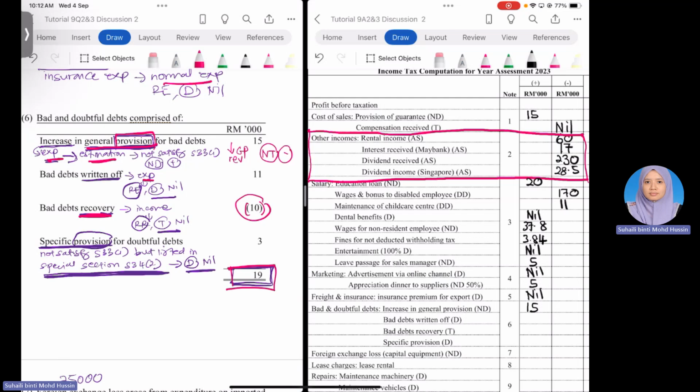What happened is you sell your product on credit to your debtors, the debtors are not able to pay the debt, so you give up and write off the amount. So this is an expense related to the production, a revenue expenditure. This is normal, allowed for deduction. So no issue, you already deducted 11,000 ringgit in the total of 19,000 ringgit, so we just record it as nil.